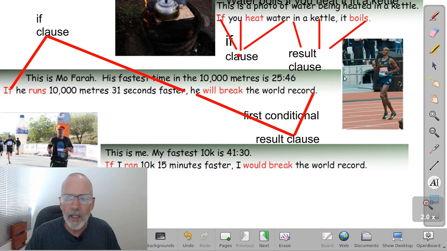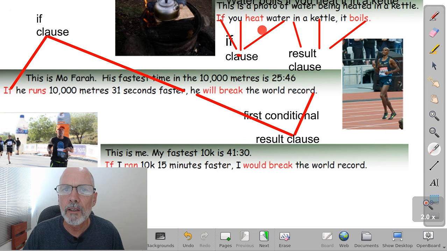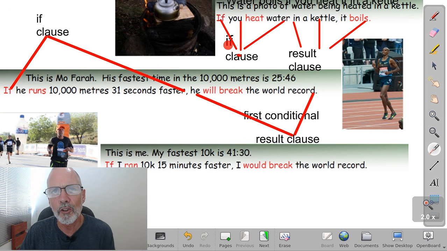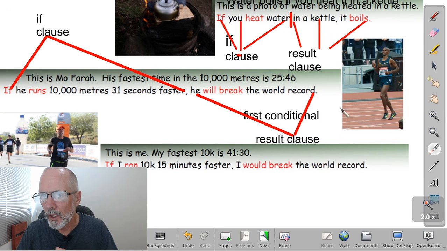We have here, as we saw earlier, in this zero conditional, if you heat water, this is the if clause, it's the imaginary situation. In a kettle, sorry, and this part here, it boils. Actually, I made a mistake. This part here is the result. This is the if clause and this is the result.